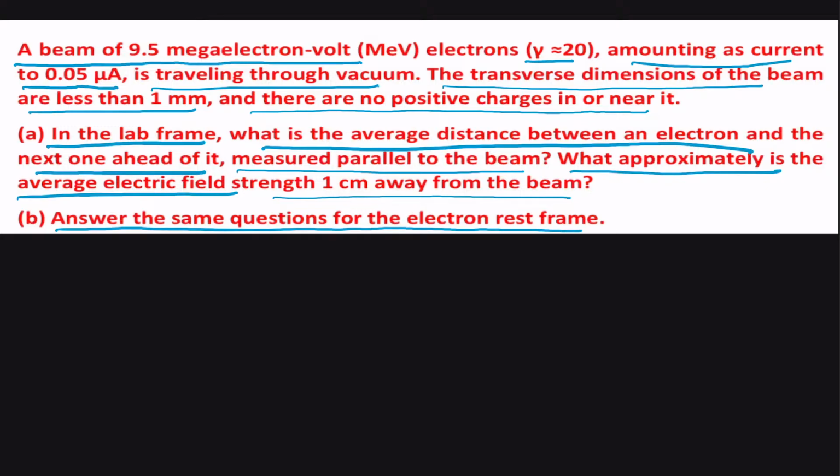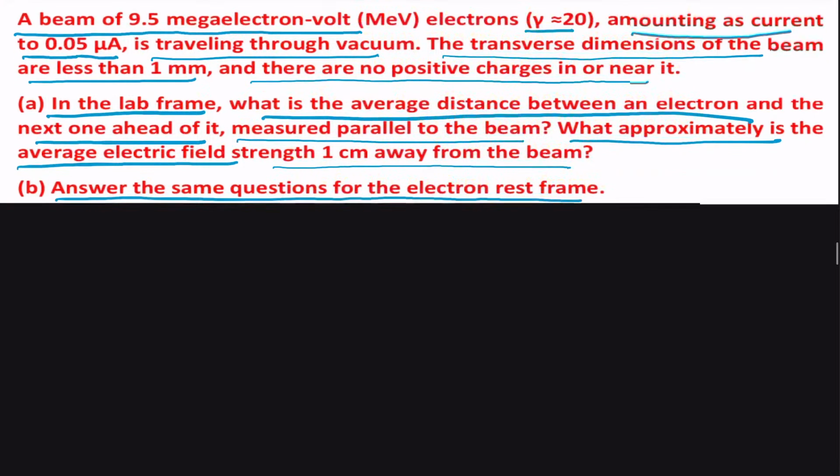Okay, so in part B the frame has been changed. First of all, we are going to find the value of beta, our speed factor, and how it is going to change. Its formula is beta equals the square root of 1 minus 1 upon gamma squared.